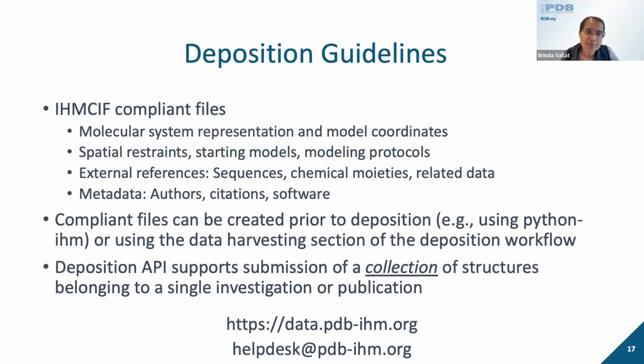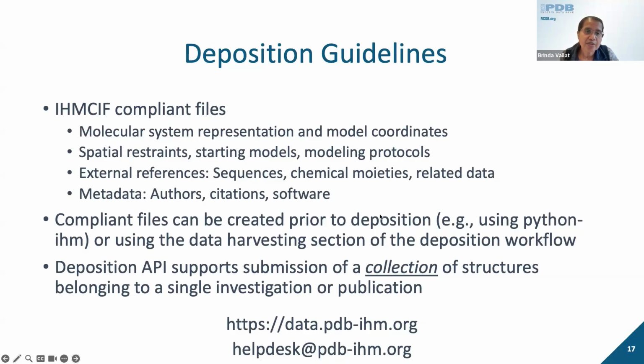With regard to deposition, the deposition itself requires IHM CIF compliant files, which have complete information about the model coordinates, the molecular system, the restraints, and reference information and other metadata. But we also understand that it can be a bit too much to provide all that information, so there are multiple ways to do that.